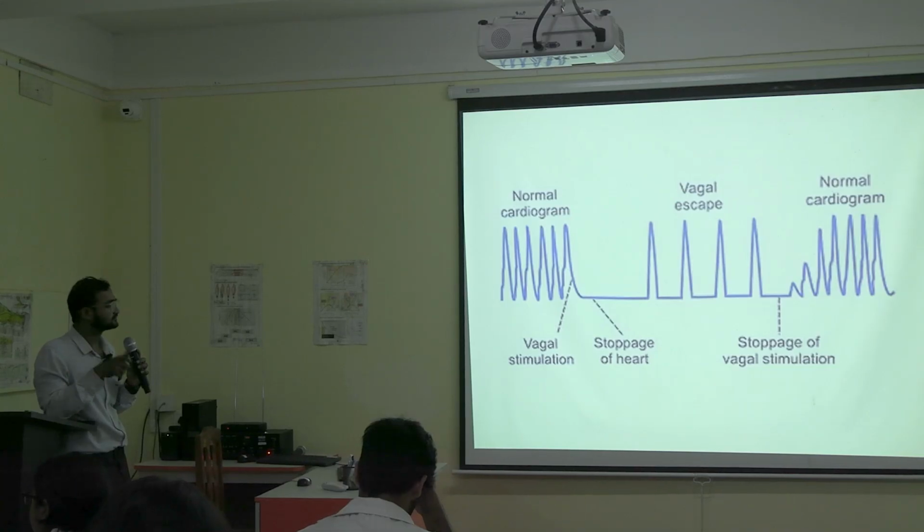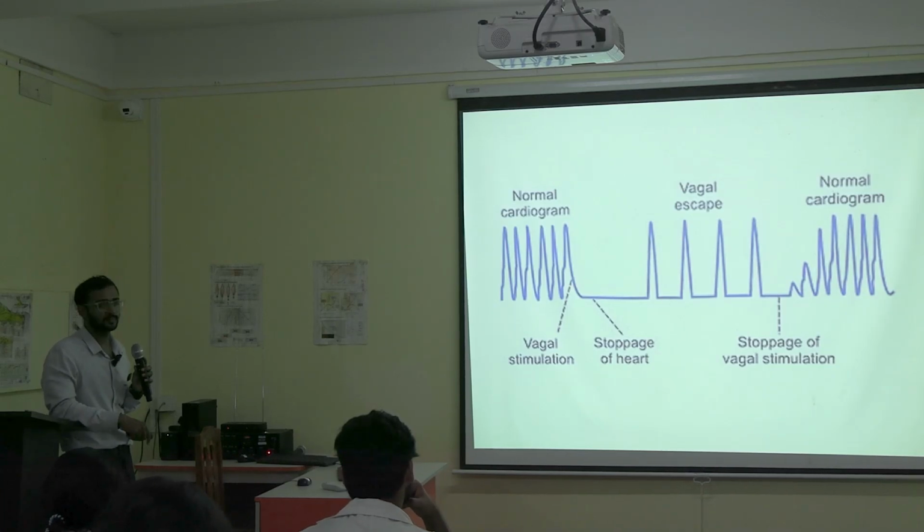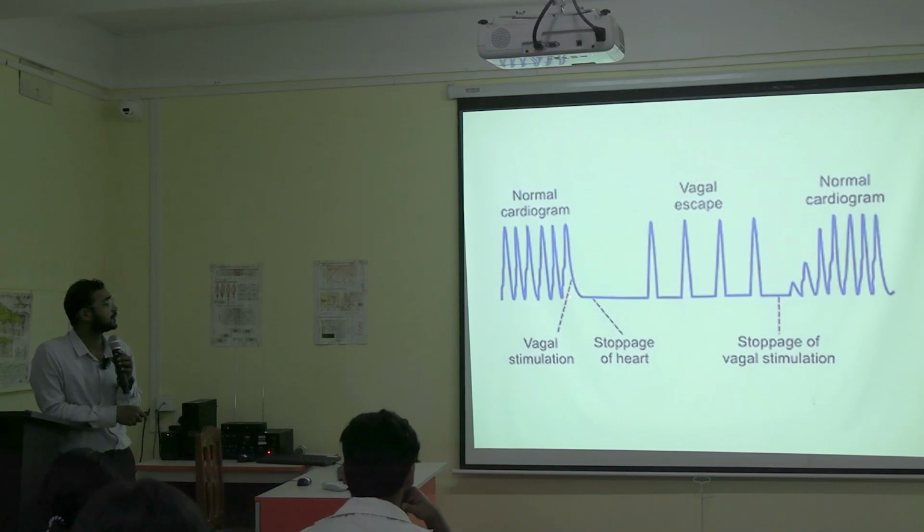From here till here we are giving the stimulation of the vagus nerve, but after a certain period of time we are seeing some generation of impulse, with contraction and relaxation. Why is this happening?